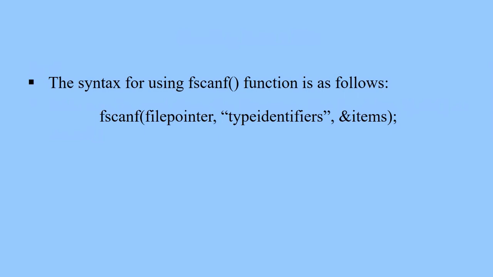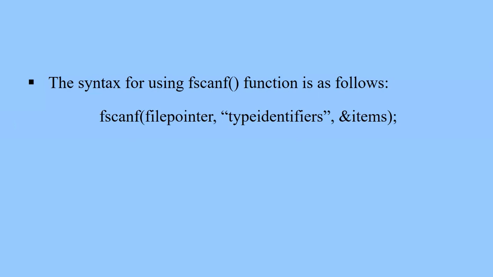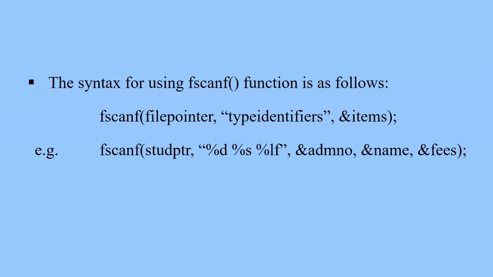So if you remove the file pointer from this statement and you also remove f, you'll just be reading from the keyboard. And therefore, this is how we write the scanf statement in C. That is the syntax for using the scanf function when it comes to handling of files, reading and writing to a file.